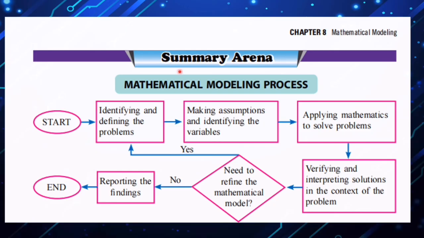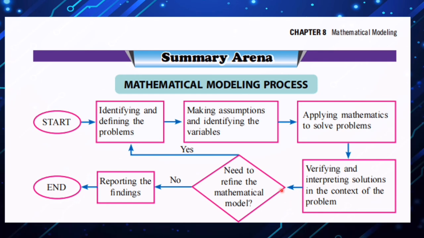So last, I will summarize the mathematical modeling process that we have learned just now. The first part is identifying and defining the problem, the second part is making assumptions and identifying the variables, and the third part is applying mathematics to solve problems. In this part, we usually do many calculations, and the next part is verifying and interpreting solutions in the context of the problem.